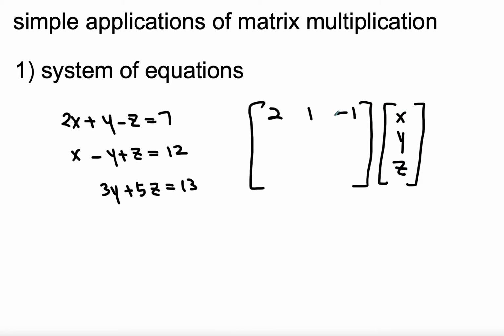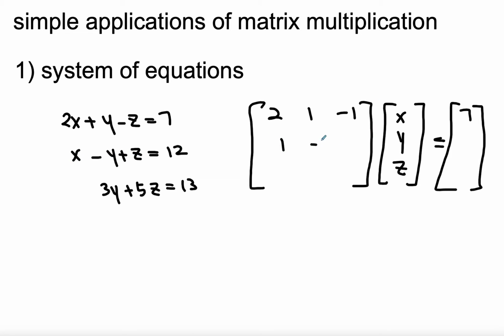Then this inner multiplication will get us the left side of the equation, and that should be equal to 7. My lines have been crooked, but hopefully our mind is not crooked. Now, the second line: 1, negative 1, 1 is being multiplied to x, y, z.